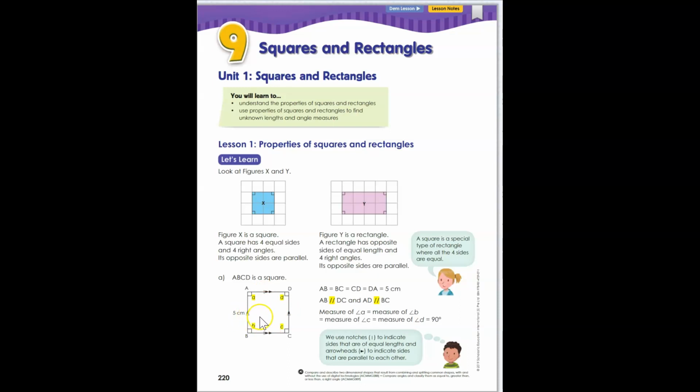This is where you're going to have to really put your detailed learning on. These arrows say that they're parallel. Notice how they've only used one arrow here and one arrow here. It's because those lines are parallel. And then they've used 2 lines here to indicate that it's parallel with these arrows. Okay. I hope you understand that.